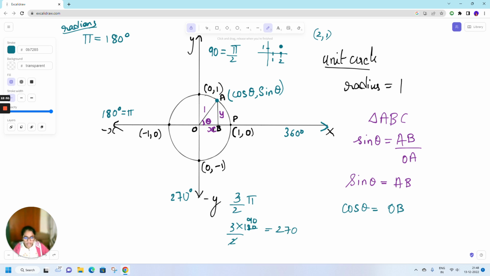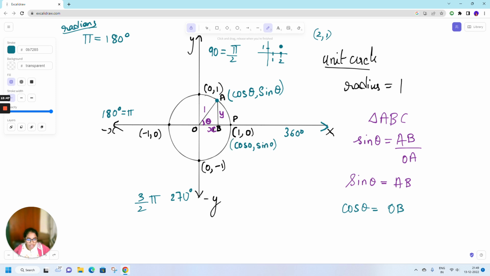As I told you, let us get back to the concept, that is the unit circle. At any point on this circle, if you take a right angle triangle, the coordinate points would be cos theta, sin theta. If I take the coordinate point at 0, that is (1, 0), the angle over here is 0, so this would be cos 0, sin 0.